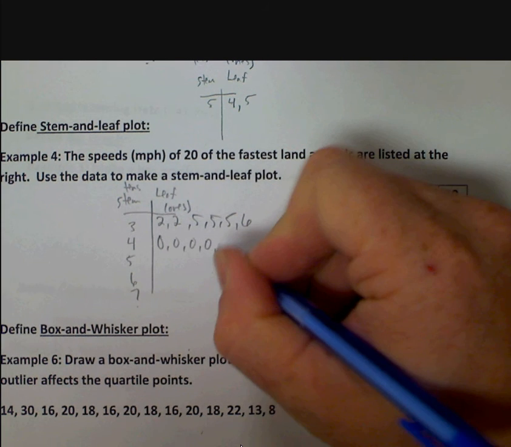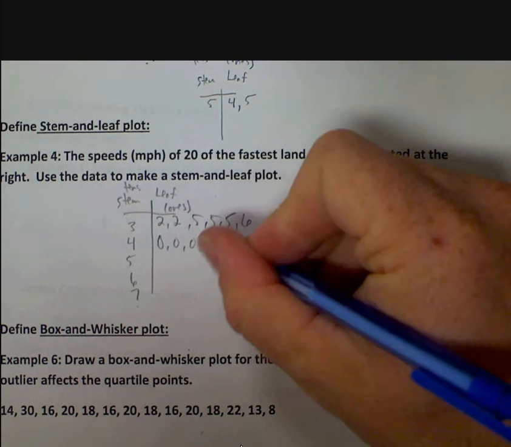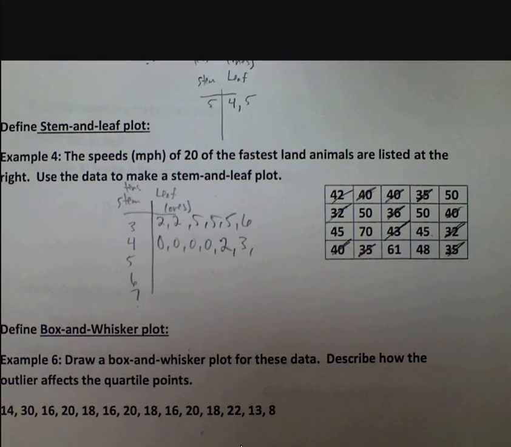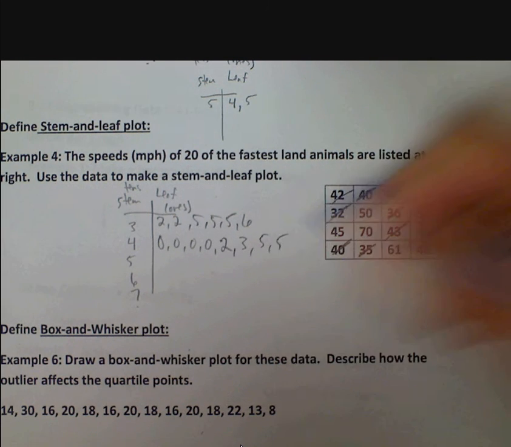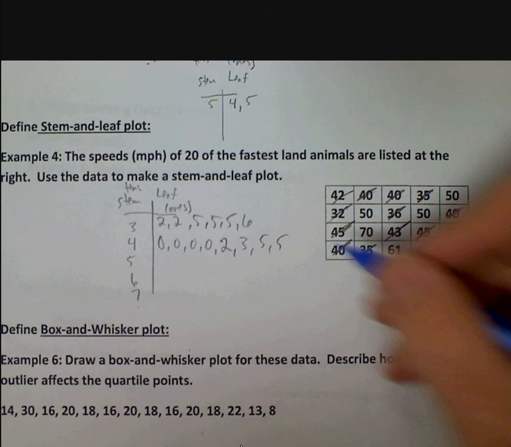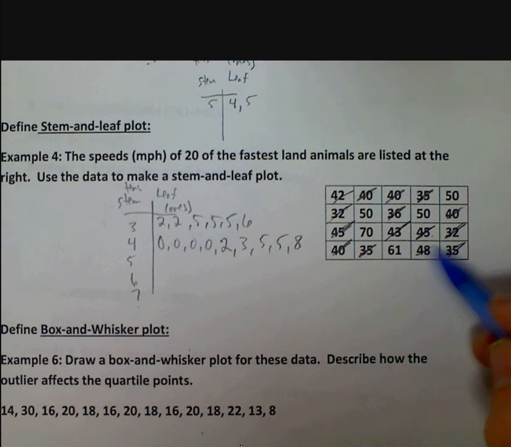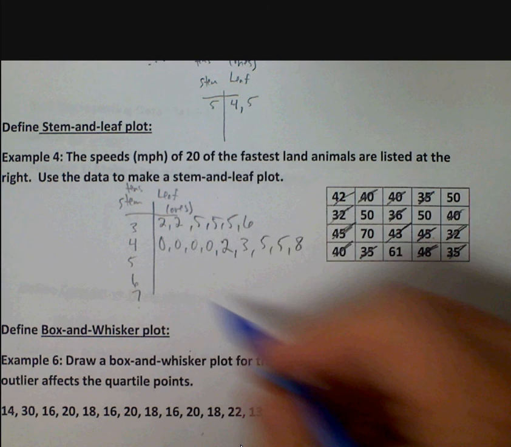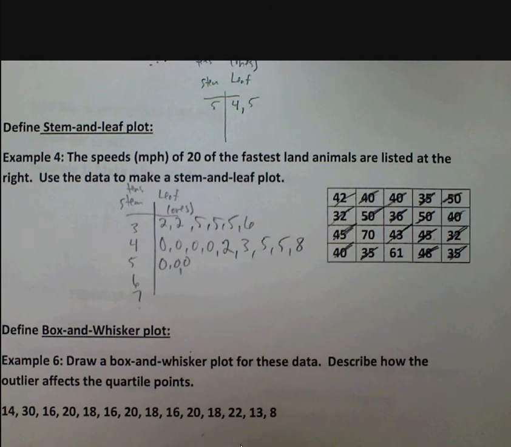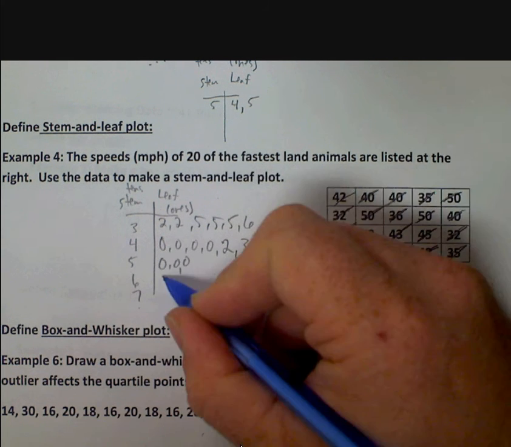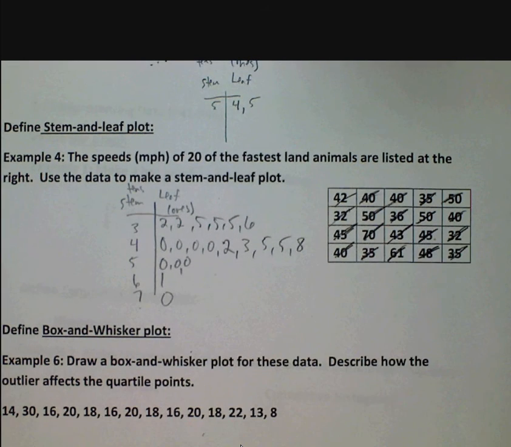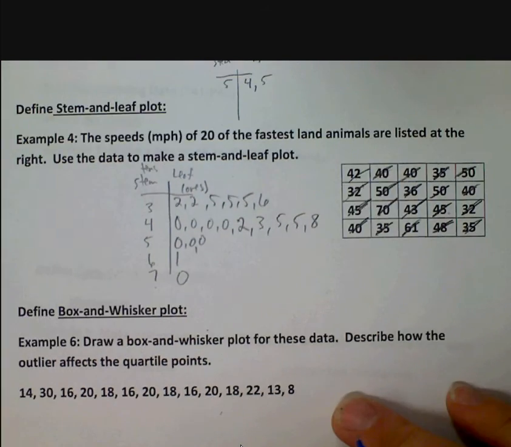We have a 42. We have a 43. We have two 45s: 45, 45. Then we have a 48. Then we have three 50s: 50, 50, 50. We have a 61 and a 70. That is how they create a stem and leaf plot.